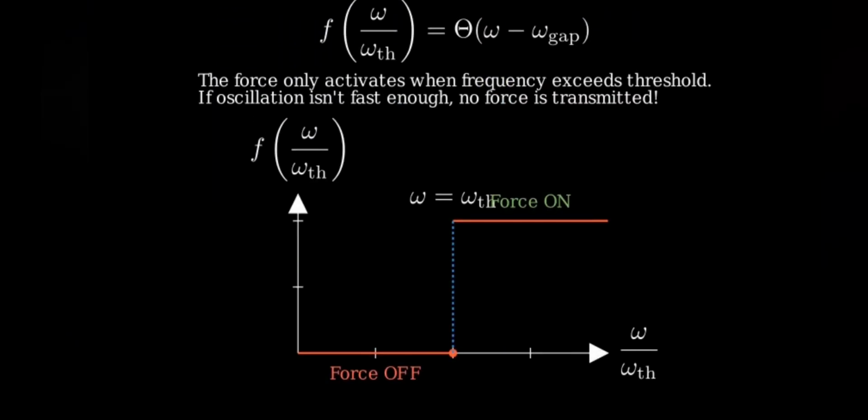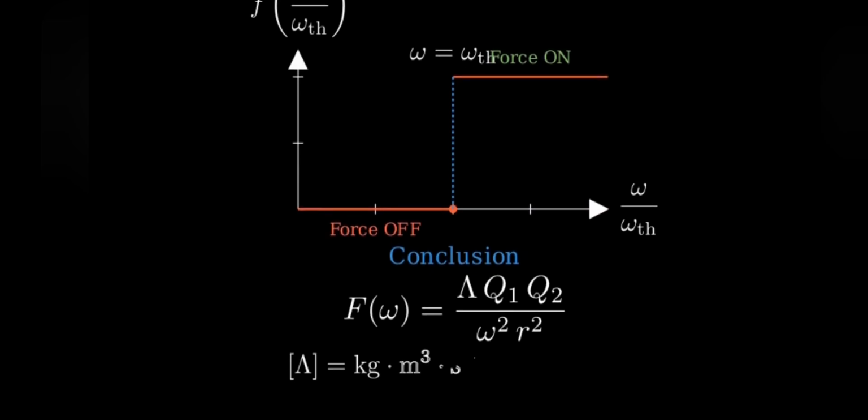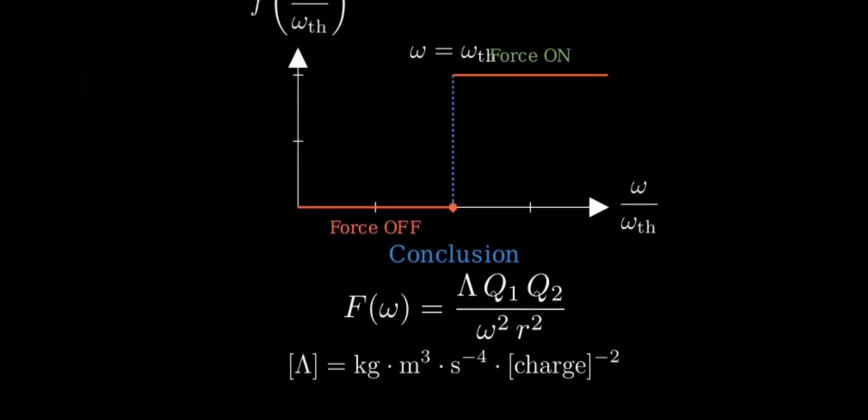To wrap up our dimensional analysis of the master unified force equation, we've shown that F equals lambda times Q1 times Q2 divided by omega squared times r squared is dimensionally self-consistent. Lambda must have units of kilogram meter cubed per charge squared per second to the fourth power to make the equation work.